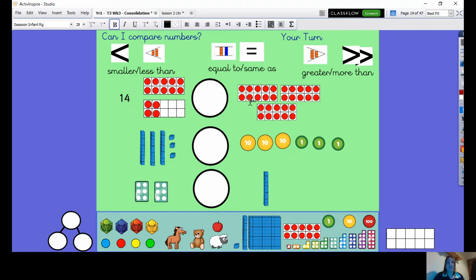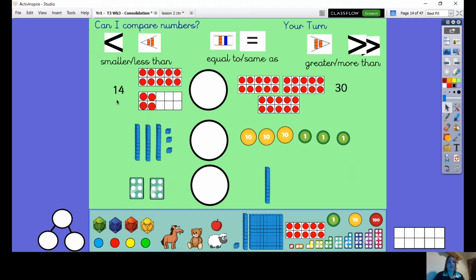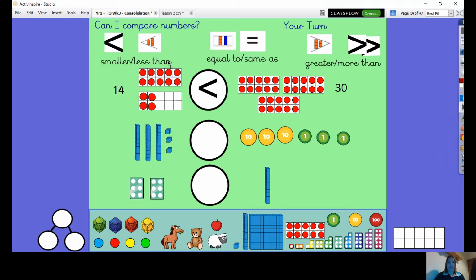And over here you've got 3 tens, which is 10, 20, 30. So you've got 3 tens and 0 ones, which makes 30. So I'm comparing 14 to 30, and you know that 14 is smaller than, less than 30.